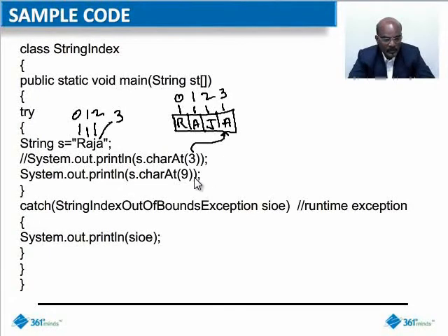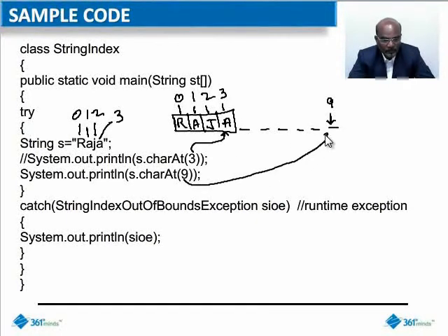But in the second line I have given system.out.println charAt of the 9th position. If you can see in the drawing there, you don't have a 9th position, you have only 3 indexes. The 9th index or the 9th character is very much out of the string index.